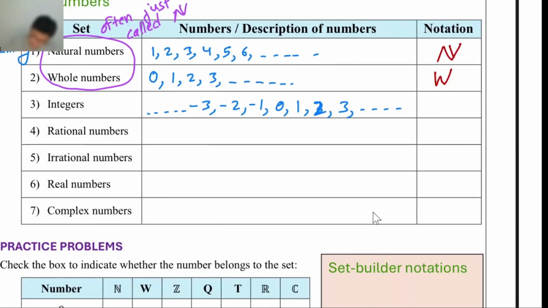Our notation for the integers is Z. Okay, maybe Z for integers, again, script Z with that extra line. I would write a description also here.